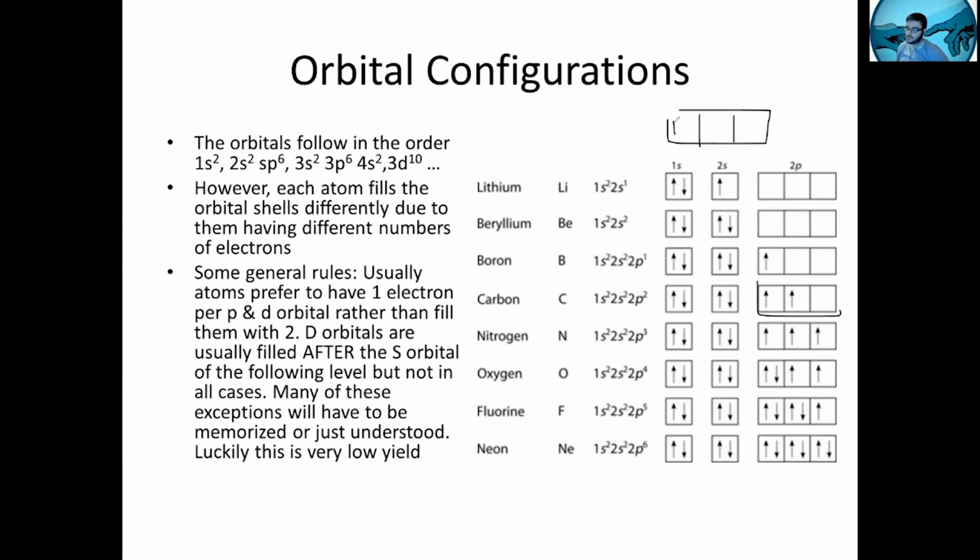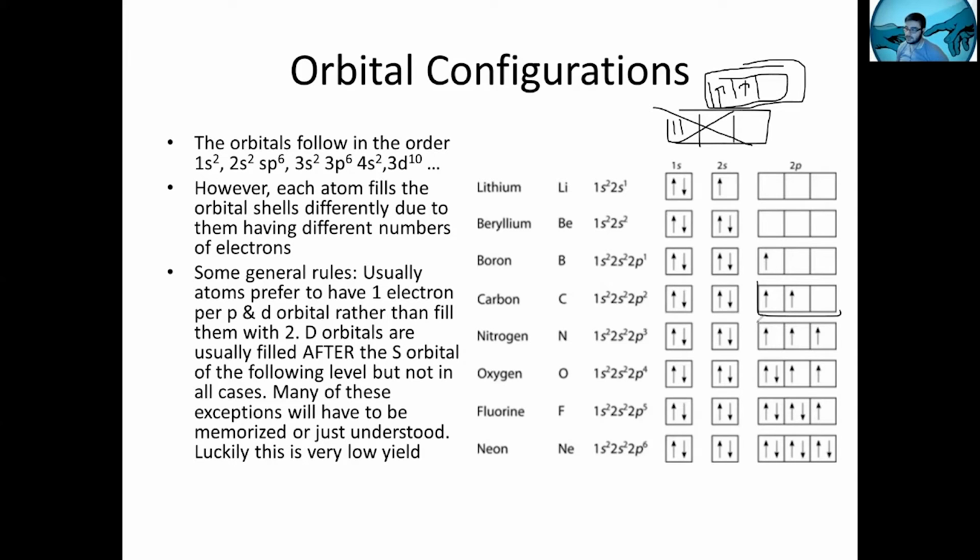So the 2 options really are 2 in the first box, and then the rest of the boxes are blank. Or what you see here, where the first 2 boxes have 1 each, and then the third one is blank. Usually it will prefer to do this before it does this.